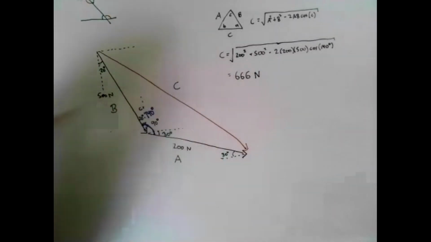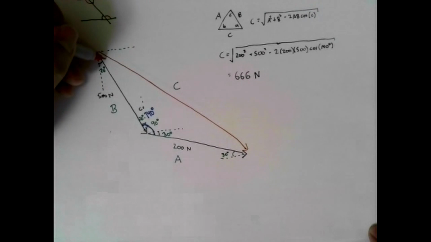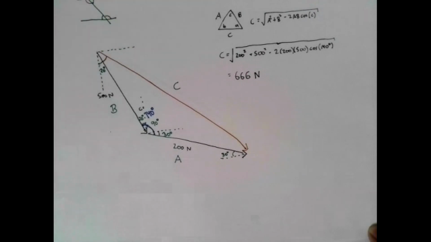and you already know that C is 666 newtons, right? Mhm. And we could figure out the direction, right? Because you already know these three sides. You can use the sine law to get this angle.